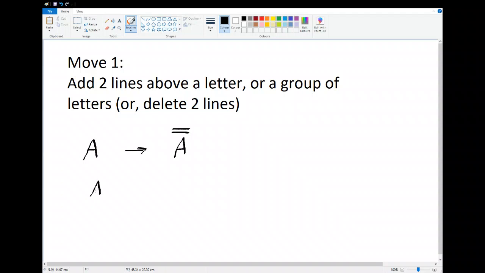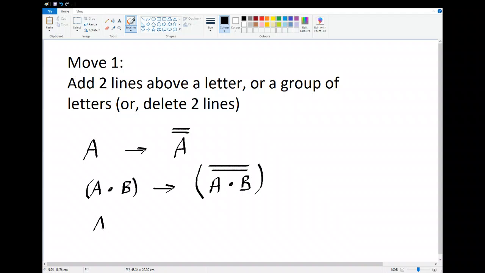If you've got A and B, then that's the same thing as A and B with 2 lines above it. Now you may be thinking, well, what's the point? You're going to see the point shortly.